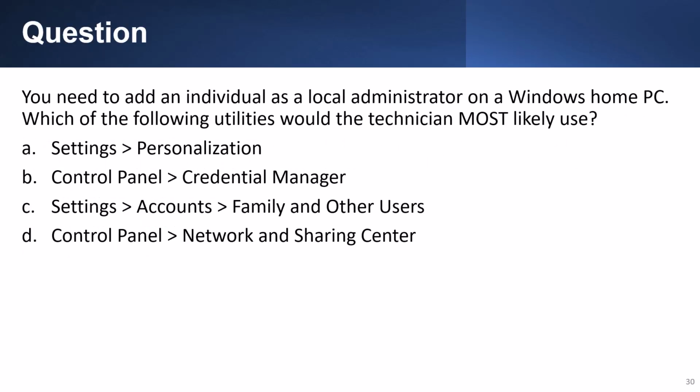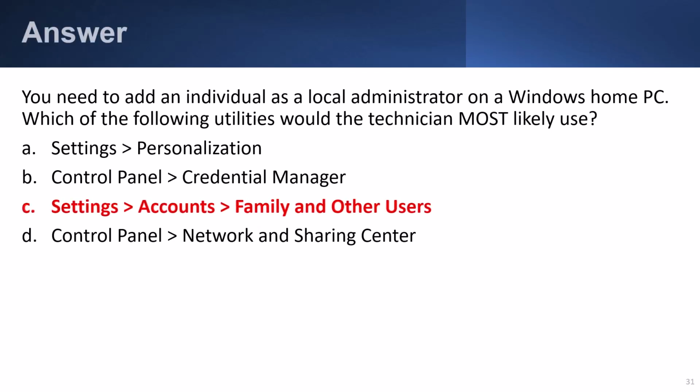Question: you need to add an individual as a local administrator on a Windows Home PC. Which of the following utilities would the technician most likely use? Answer: settings, accounts, family, and other users.